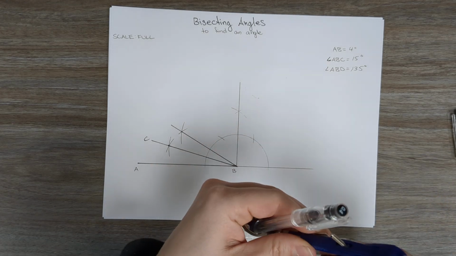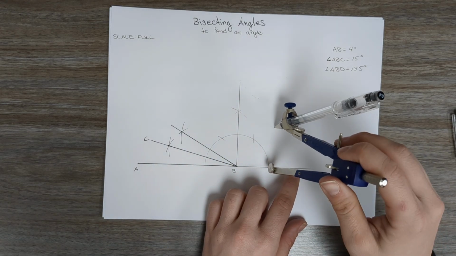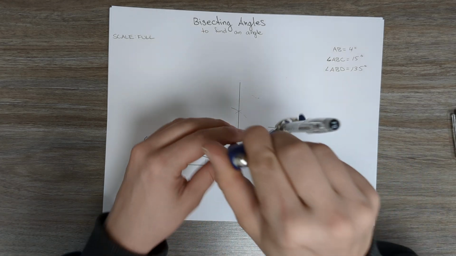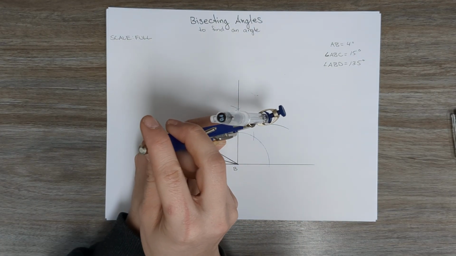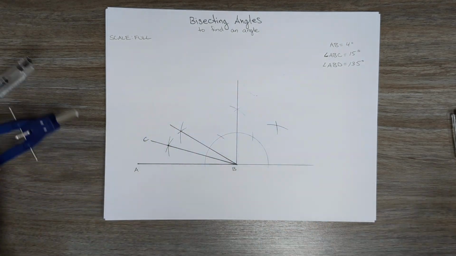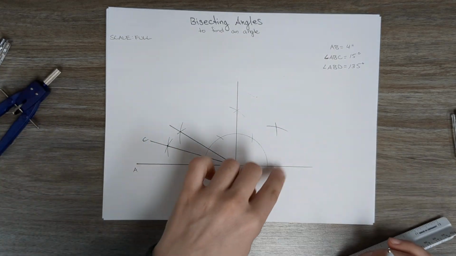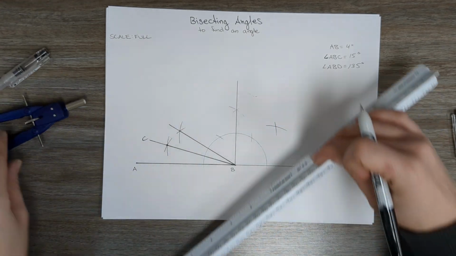So I'm just going to come off of 180 somewhere in the middle and off of 90, and this is why I made the 90 to start, so that it intersects. Keeping in mind I keep my compass the same dimension when I'm coming off of these points.